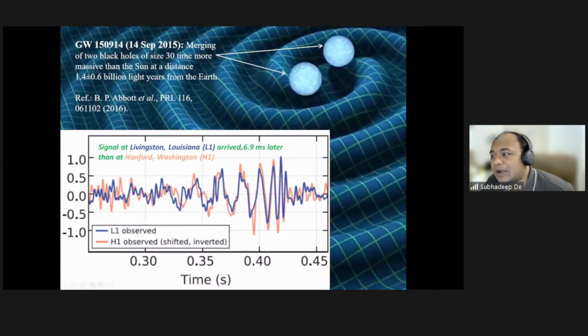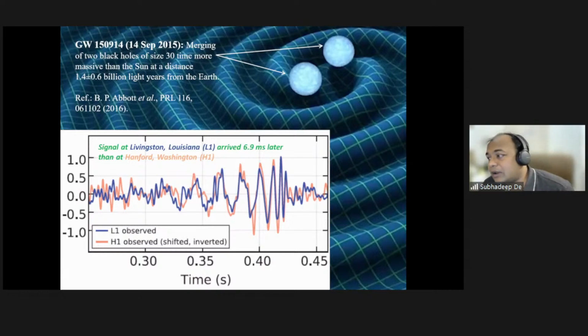The signal arrived at one of the detectors, and then there was a 6.9 millisecond delay to reach the other detector. If you know this time difference very accurately, that will help you to point out where this gravitational wave was actually created or happened very accurately.